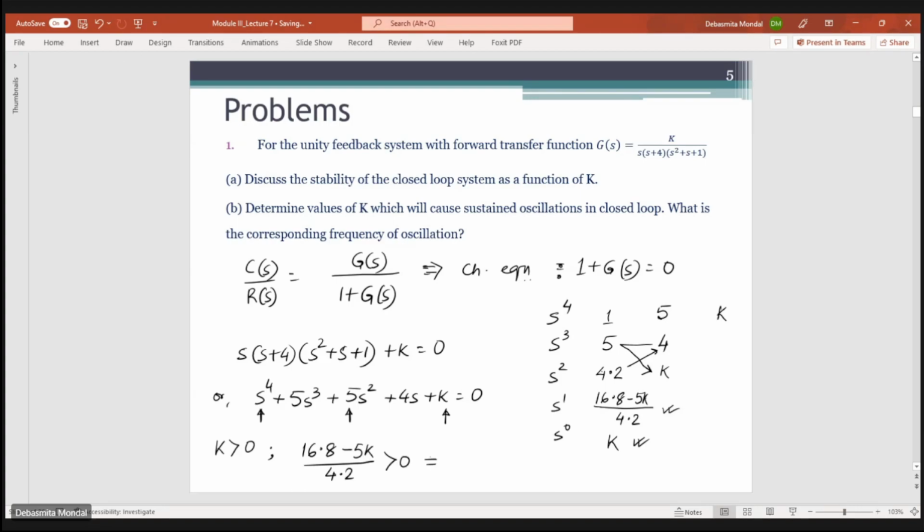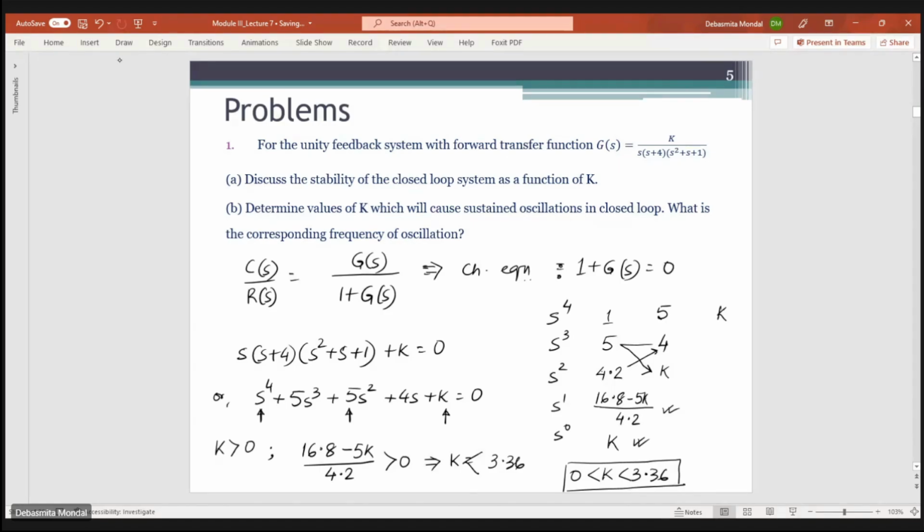From here, what will be the value of K, or K should be less than? 3.36. So the condition for this system to be stable is that K should lie between 0 and 3.36. This is the condition for stability, right? So this first part is done.